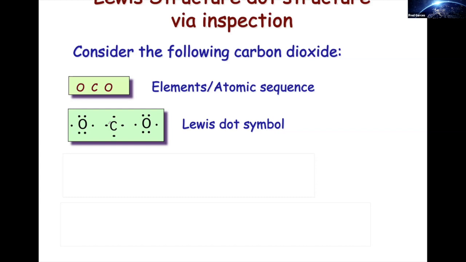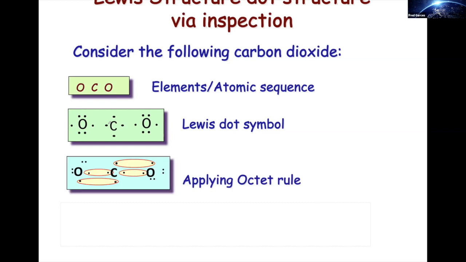Oxygen has 6, carbon has 4. These are the Lewis dot symbols for the elements. Then we do electron gymnastics, where we figure out how to rearrange these electrons so that each atom can have 8 around it, applying the octet rule.